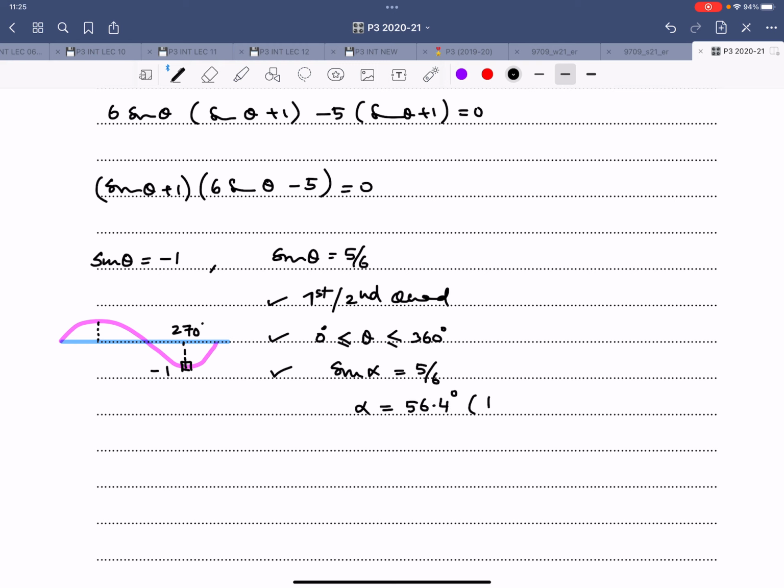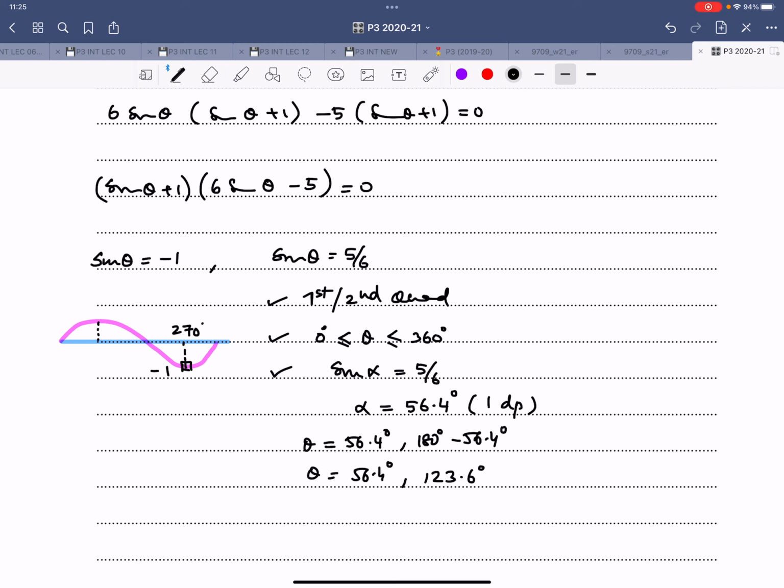Since it's a simple addition or subtraction from 180, 1 decimal place would work. Otherwise, you should work in 2 decimal places and then give the final answer to 1 decimal place. Therefore, theta is 56.4 and 180 minus 56.4, so 180 minus 56.4 is 123.6 degrees.